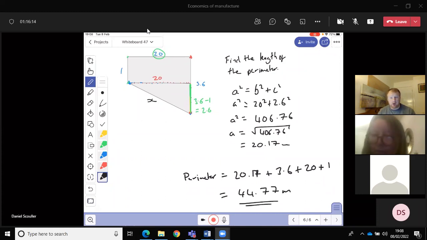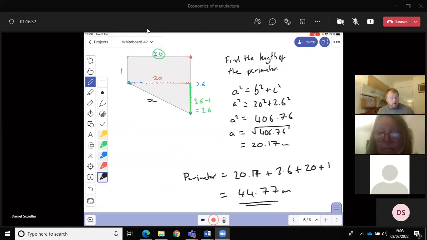That would be your total perimeter. So they always add that little bit of extra layering. It's not simple Pythagoras, it's looking at a more bizarre question and trying to pick that out.